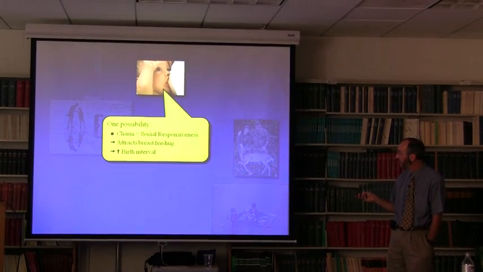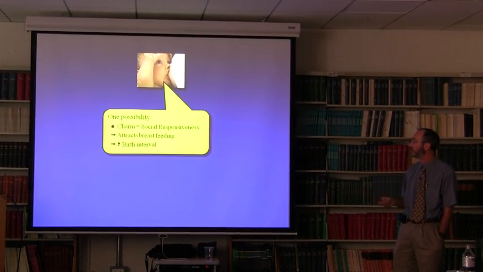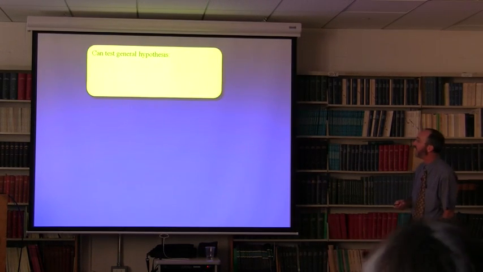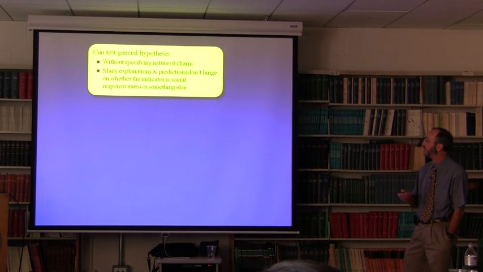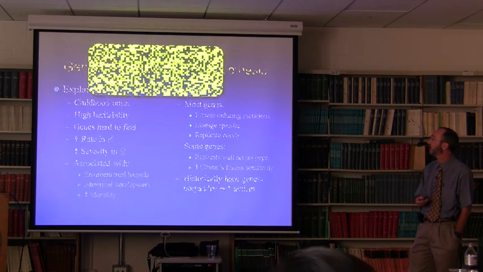One possibility is that charm is social responsiveness, that it attracts breastfeeding and it thereby increases birth interval. And we can test the general hypothesis without specifying the nature of charm because its explanations and predictions don't hinge on whether the indicator is social responsiveness or something else.